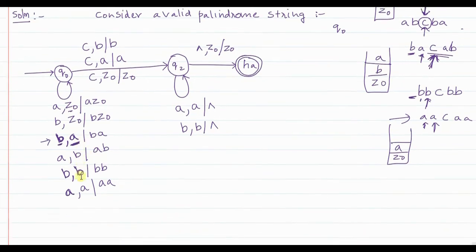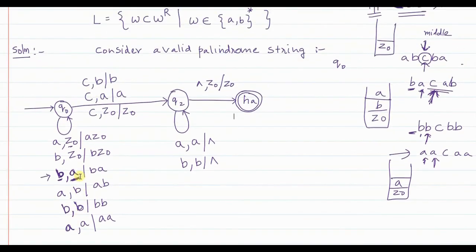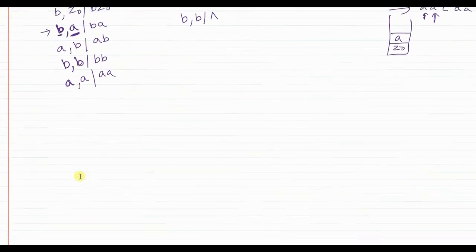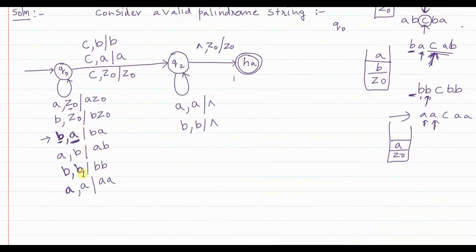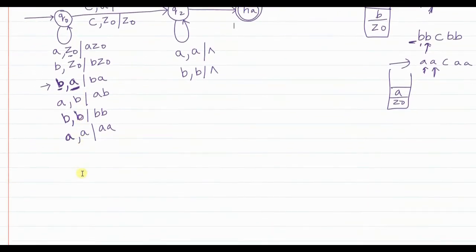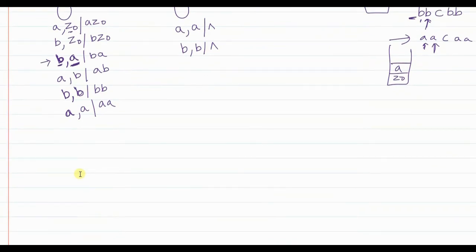Okay, so let us now go for the instantaneous description for this particular palindrome PDA, to understand better. We are going to validate a string.